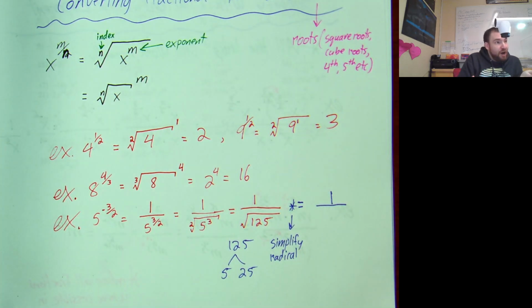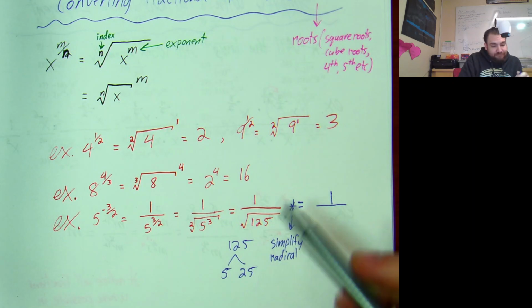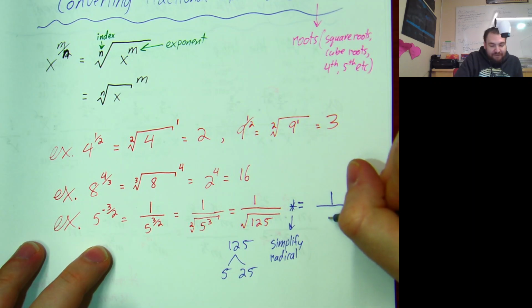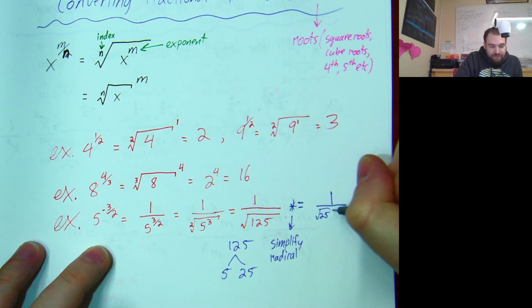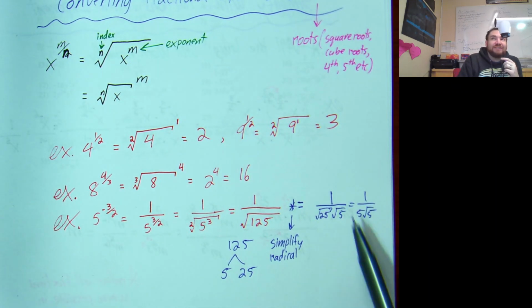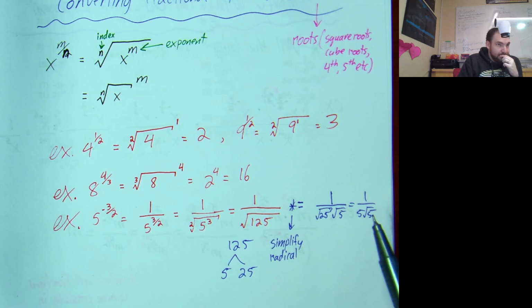And actually, I'm going to stop it right here because 25 is a perfect square. So what I'm going to have here is the square root of 25 times the square root of 5. And the square root of 25 is just 5, so it's going to be 1 over 5 root 5. If I wanted to, connect it to the stuff that we did last chapter, I could. It depends on the instructions that you're given.